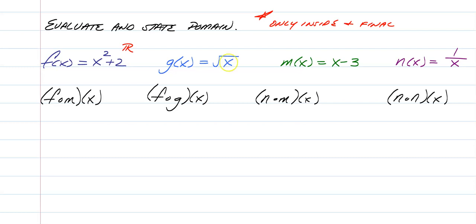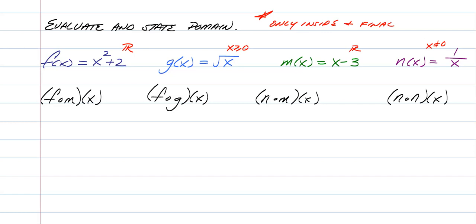G of x is a square root of x, and remember, any even root has to be greater than or equal to 0. X minus 3, there are no restrictions, so that one's all real numbers. And you also have to remember you can never divide by 0, so n of x has to be not equal to 0. Now those are just your starting domains for each individual function.